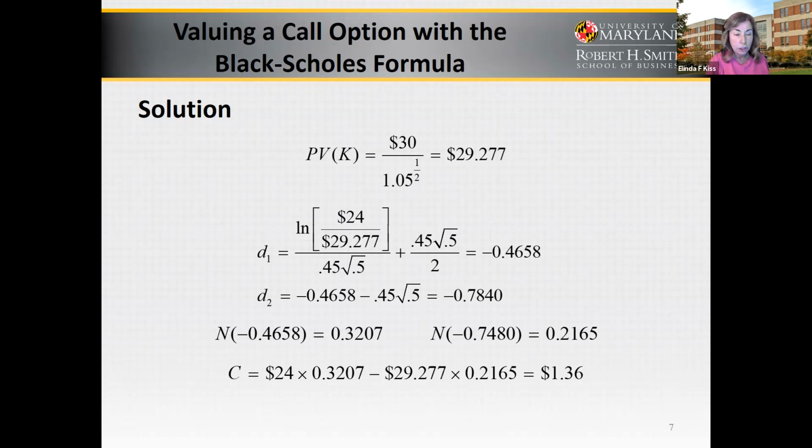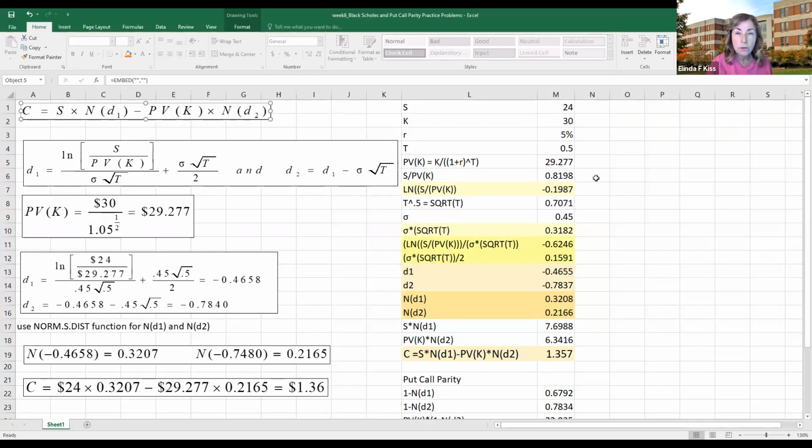But what I'd like to do is do the calculations in Excel. So I'm going to do a new share to get the Excel up. You can see here, there's the stock price at 24, the strike of 30, and all the variables. Now, how do I get the present value of K?